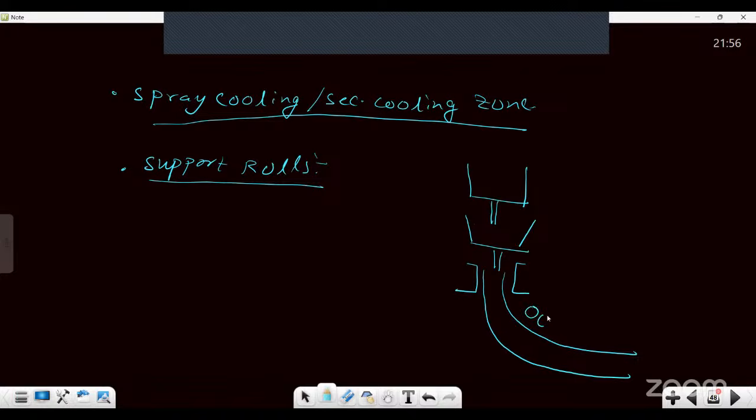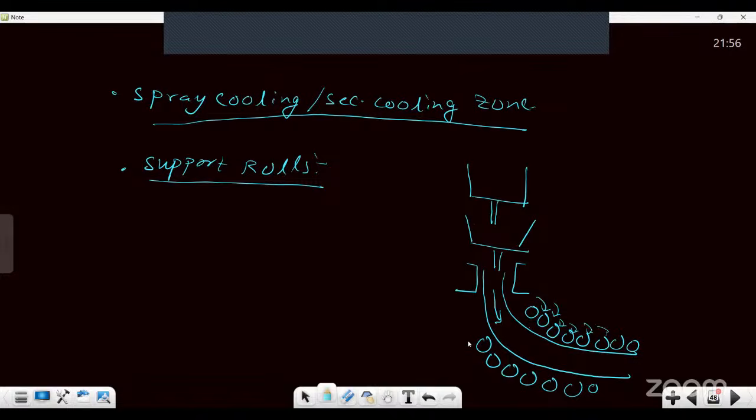And these are the support rolls that we are actually talking about. See, these rolls are rotating like this.